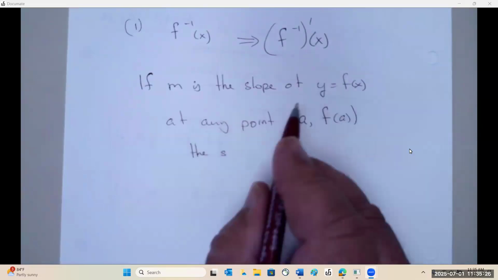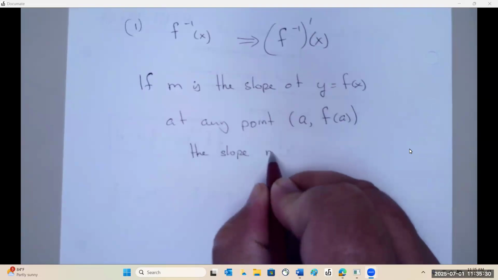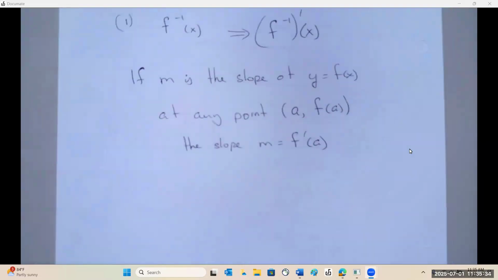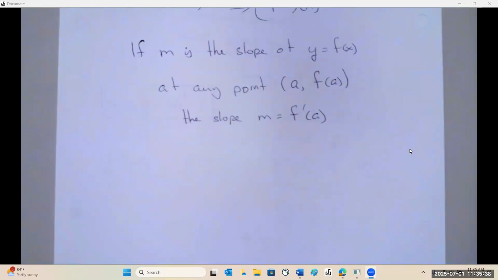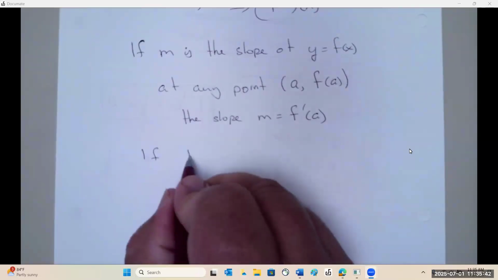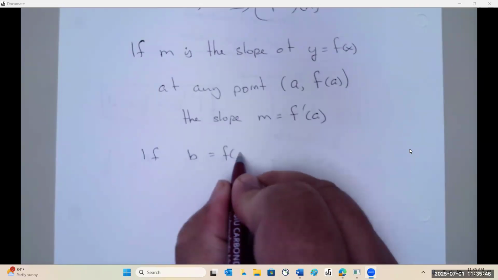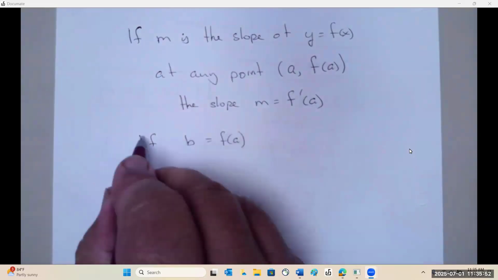If m is the slope of this, then that has to be true. No, I'm jumping ahead.